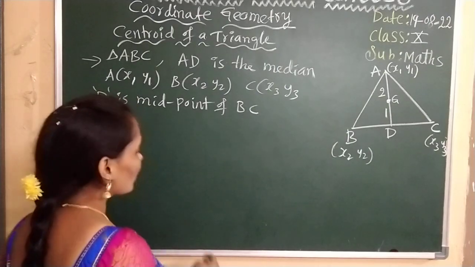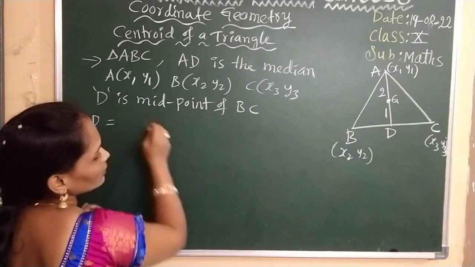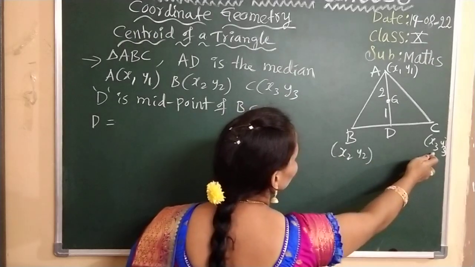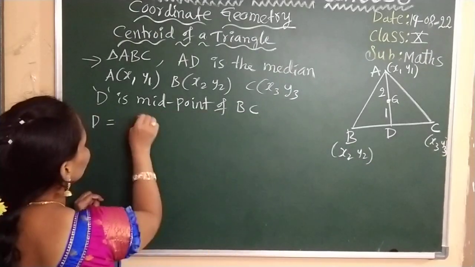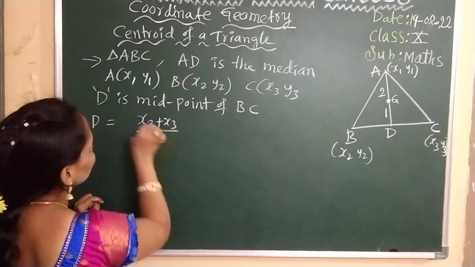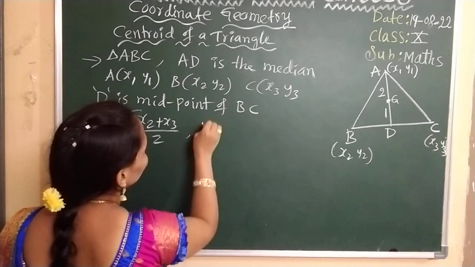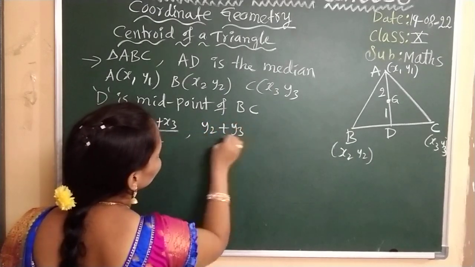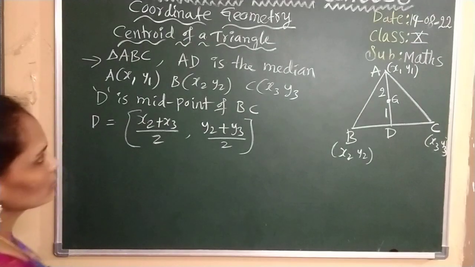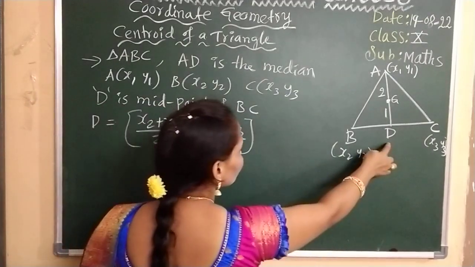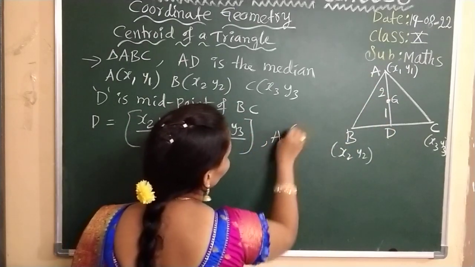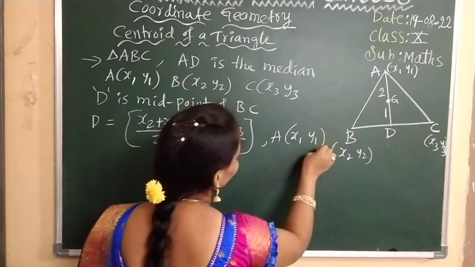So here for B and C, it is (x2 plus x3) by 2, (y2 plus y3) by 2. These are the coordinates of D. After getting these two points, let us take A (x1, y1).